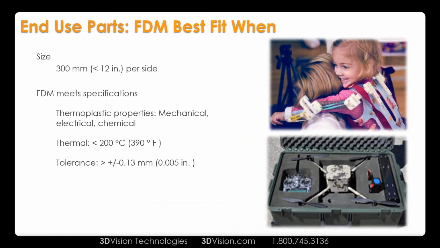Okay. On the right-hand side, we have 2 more pictures of 2 other end-use parts. The top, the little girl, her name is Emma, and she has on her magic arms. If you go out to YouTube and you want a sad story, watch Emma and her magic arms. She was born with, I don't know if it was a disease or whatnot, that she didn't have the strength to lift her arm up. She couldn't turn over on her own.